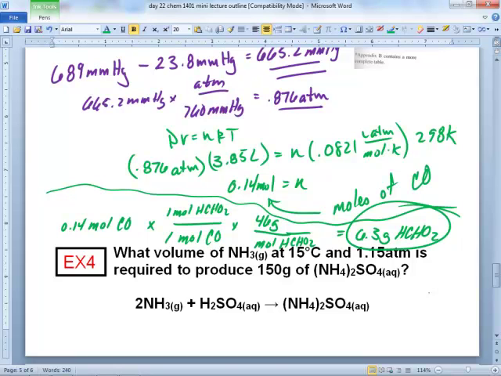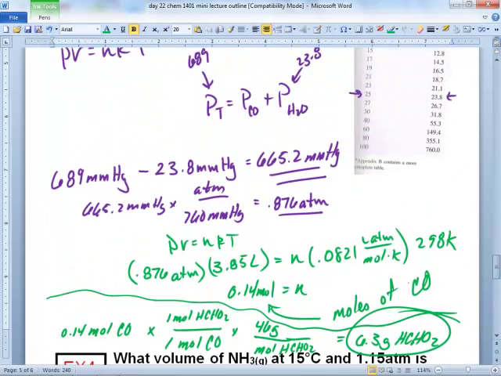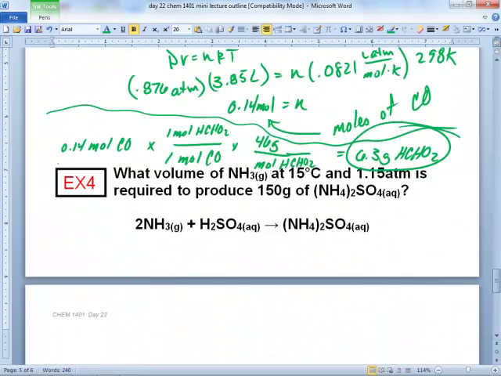So we do everything we just did, except don't correct the pressure. Otherwise, it's the exact same problem. Use PV equals nRT to get the moles of the gas. Use the mole bridge, and then convert it into grams. Okay. So come by and try it. Come by, and I'll be glad to help you out.